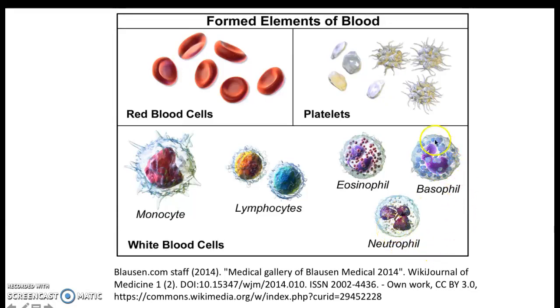The granulocytes, as you can see here in this drawing, will have granules that are prominently visible in the cytoplasm, whereas the agranulocytes lack these granules. That is the big defining feature between these 2 big categories.